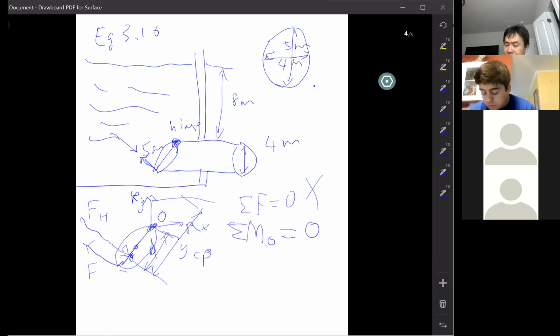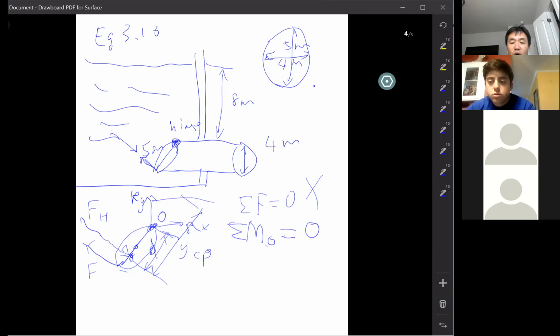Because Rx and Ry do not contribute anything to the moment about O. Why is that? It's because the radius is 0 at that point. Yeah, because the arm length is 0.